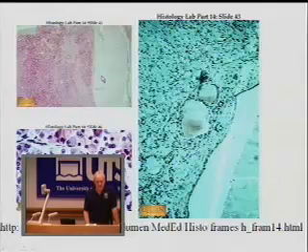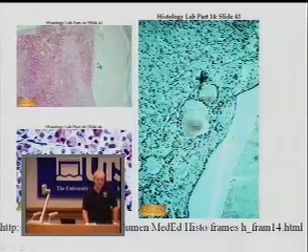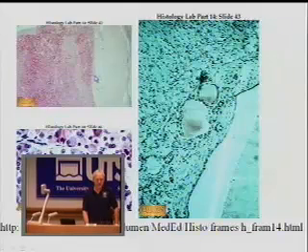Obviously, the fluid content of Rathke's pouch, the cavity of Rathke's pouch, would be there, and then a red tissue on the other side. So there really isn't much pars intermedia left in association with the cavity of Rathke's pouch.